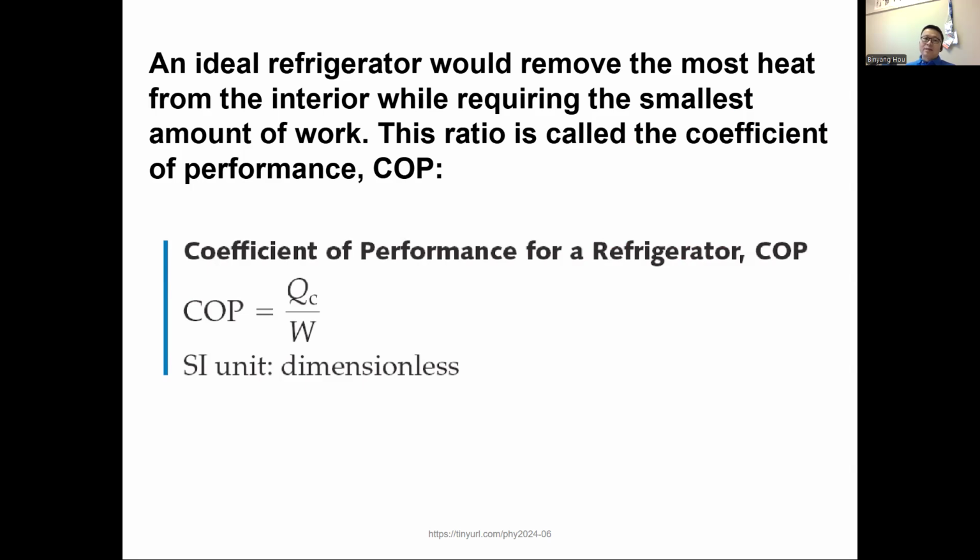So similar to efficiency of the engine, we call this the coefficient of performance for the refrigerator. We use the first letters of the words here, COP, which equals how much heat it can remove divided by the work. Again, this will be dimensionless because Q and work have the same units.